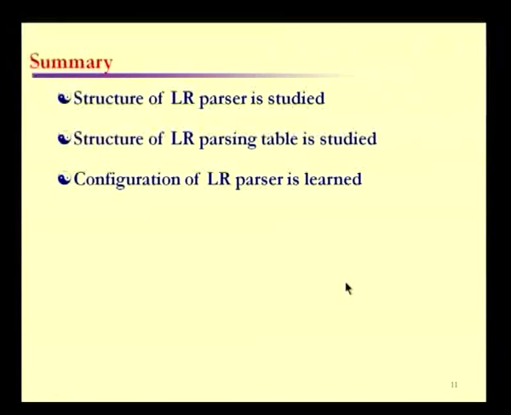To summarize, we have seen the structure of the LR parser, the structure of the LR parsing table, and finally the configuration of an LR parser. A parsing process starts with the initial configuration and goes up to the final configuration.